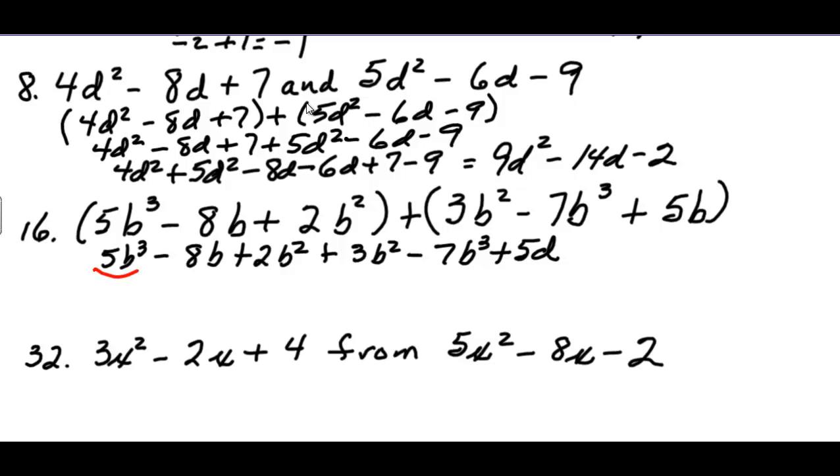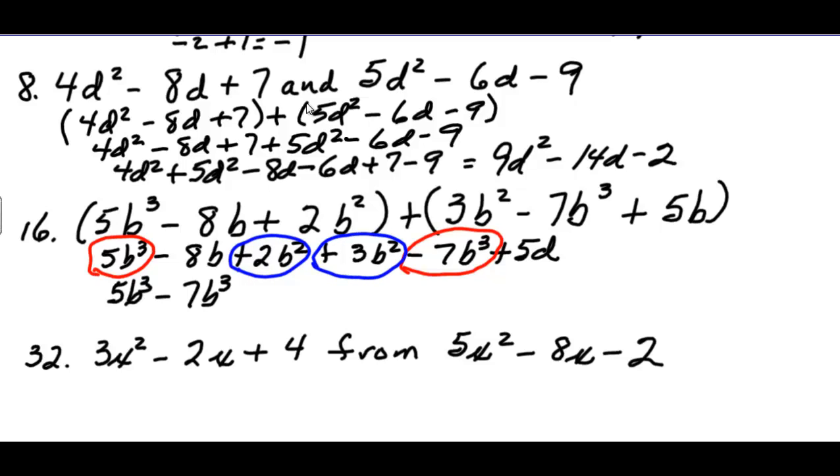So when we're combining terms, we have to be very careful. We've got this 5b cubed, and clear over here is the negative 7b cubed. Those two are to go together first, so you would have 5b cubed minus 7b cubed. Next, in descending order, the plus 2b squared and the plus 3b squared.